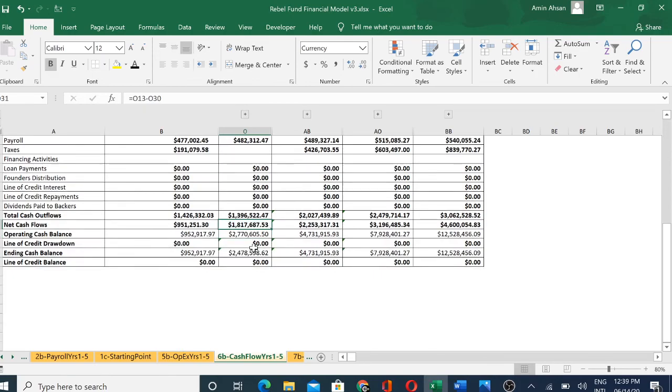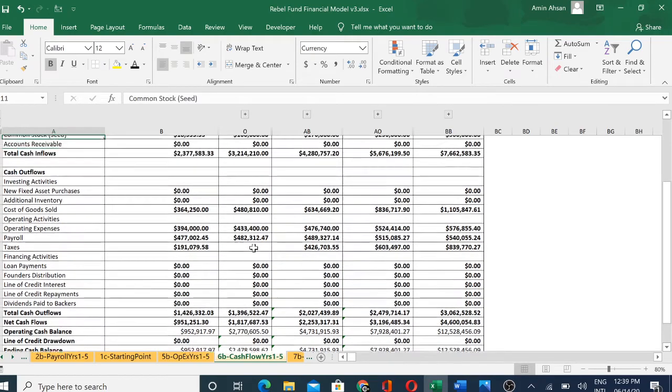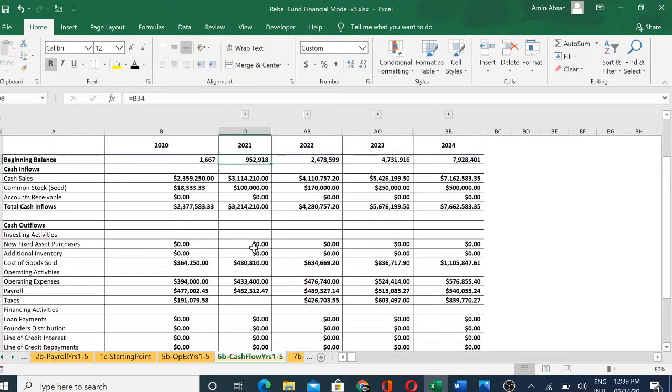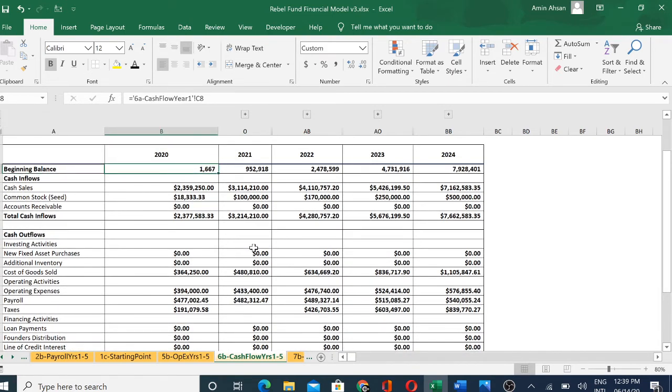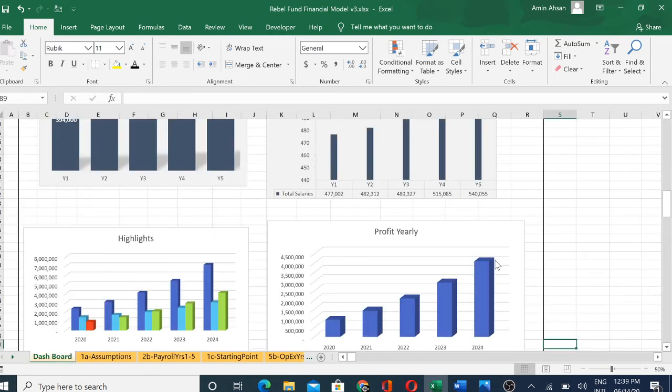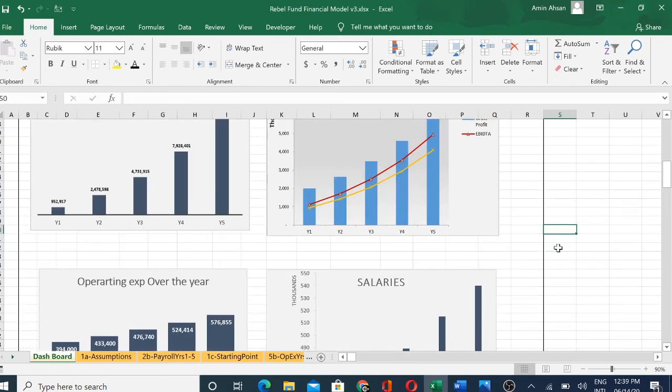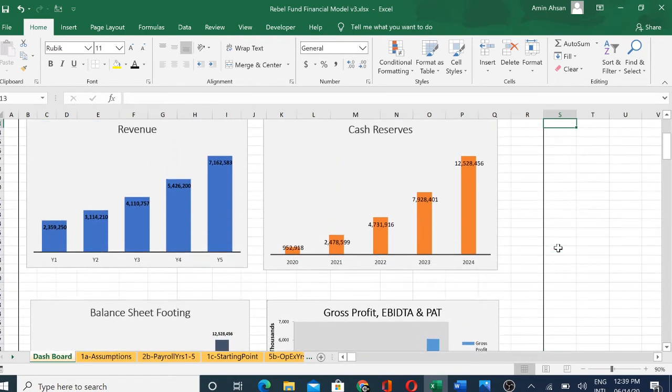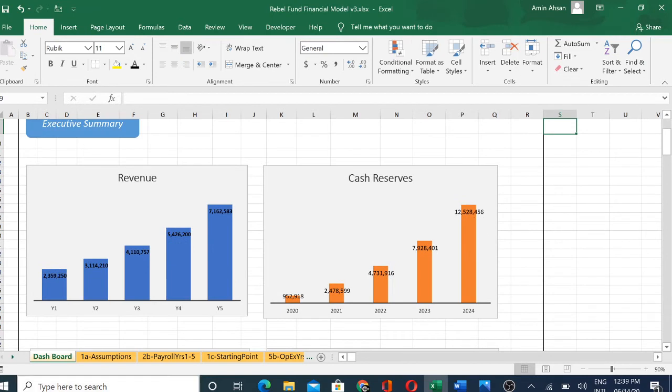If you want to see the cash flow, you can see the beginning balance of the cash at the start of the year and the balance at the end of the year. You can see the cash reserves from the dashboard. Here is the graph for cash reserves.